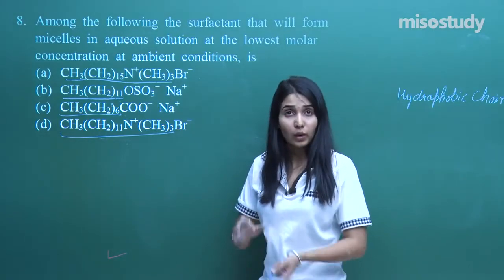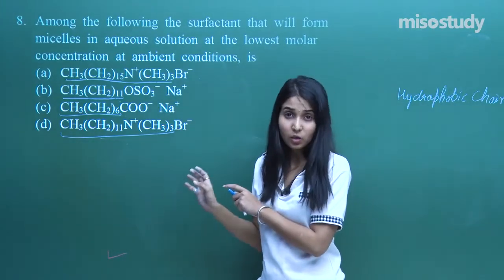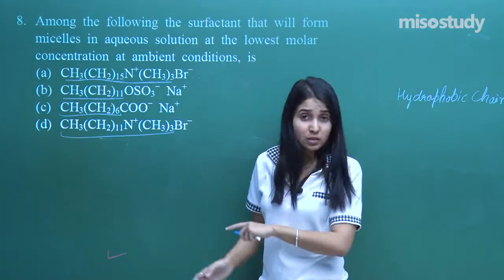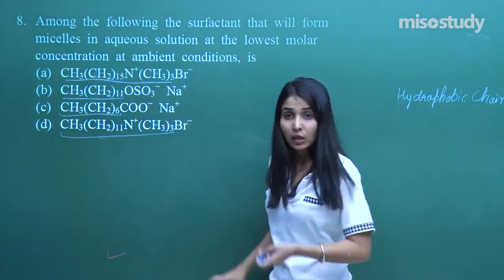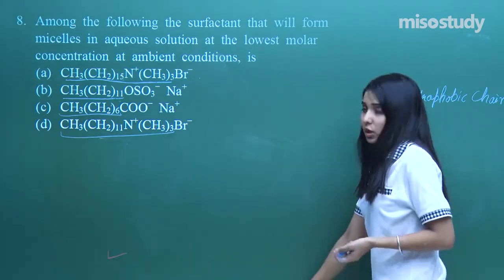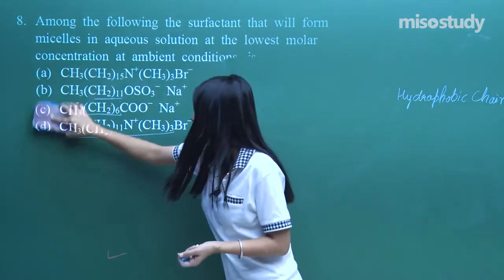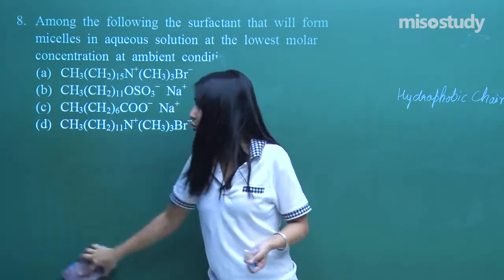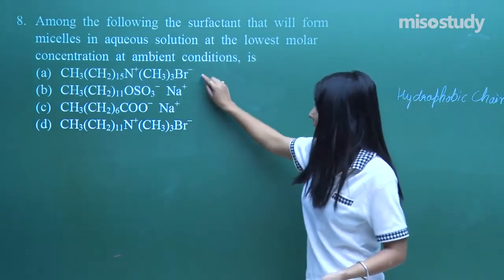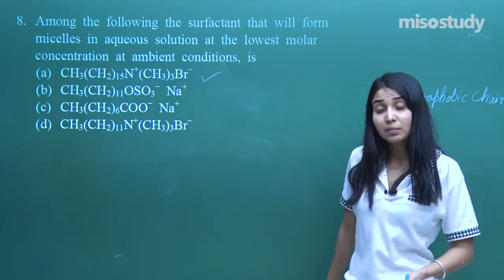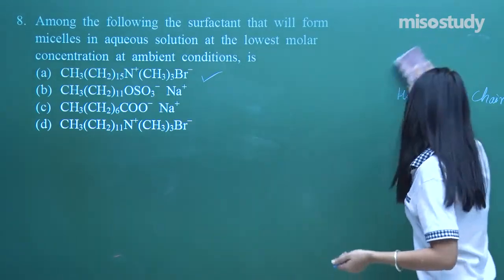So every time the question is about the lowest micelle concentration, you just need to check the hydrophobic chain. The one with the longest hydrophobic chain, the maximum number of atoms, provides the lowest value of critical micelle concentration. So the answer is simply option A.